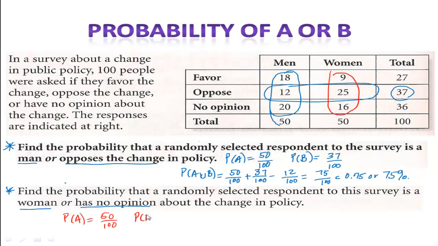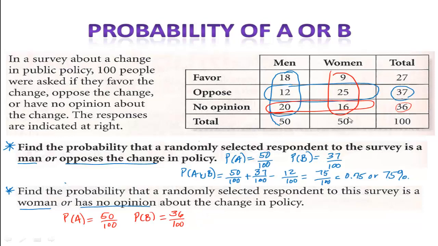The probability of B, that the person I select has no opinion, is this amount here. 36 total people have no opinion. So the probability of B is 36 out of 100.